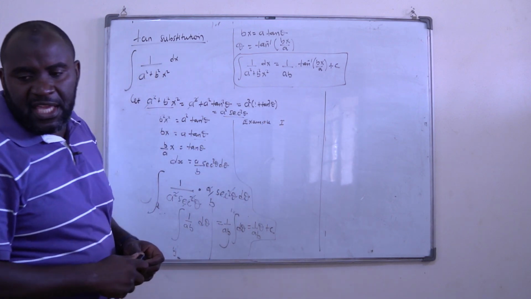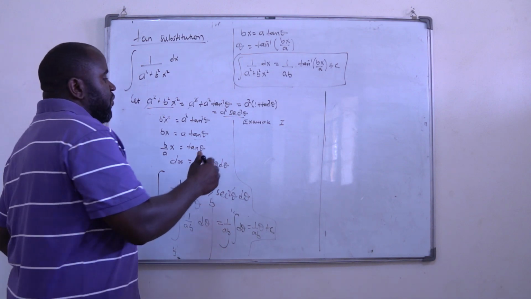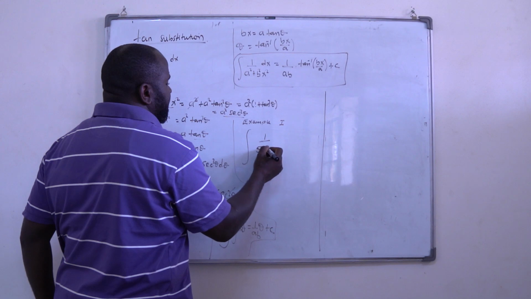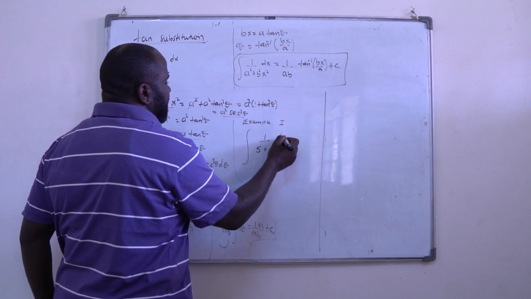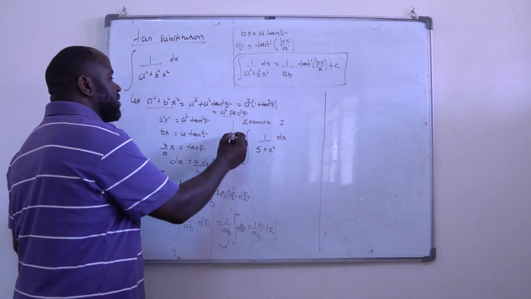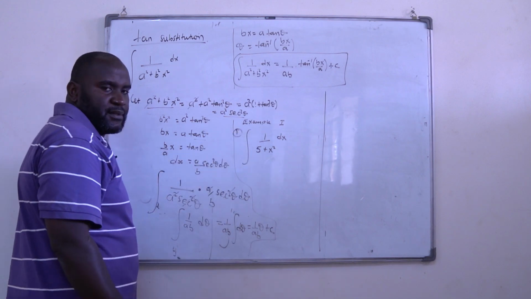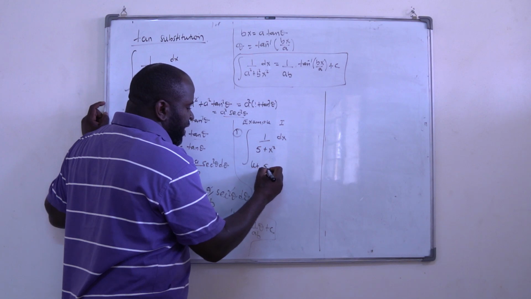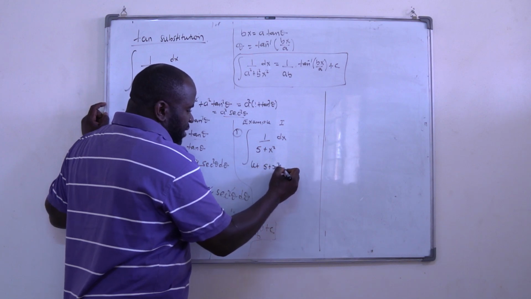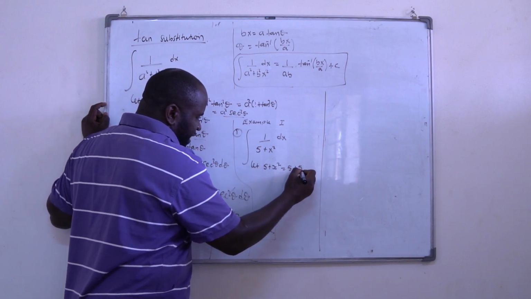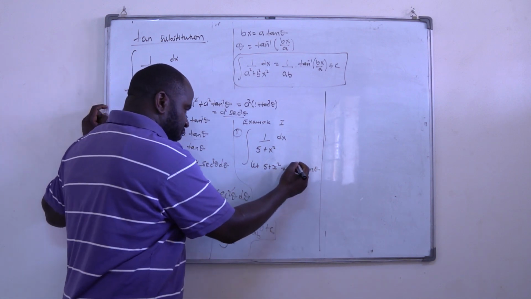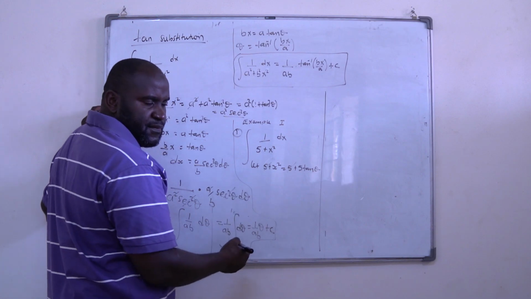Example 1 is going to be the integral of 1 out of 5 plus x squared dx. Integrate. Firstly, we let 5 plus x squared be equal to 5 plus 5 tan squared of theta, so that you lose the 5 by subtraction.